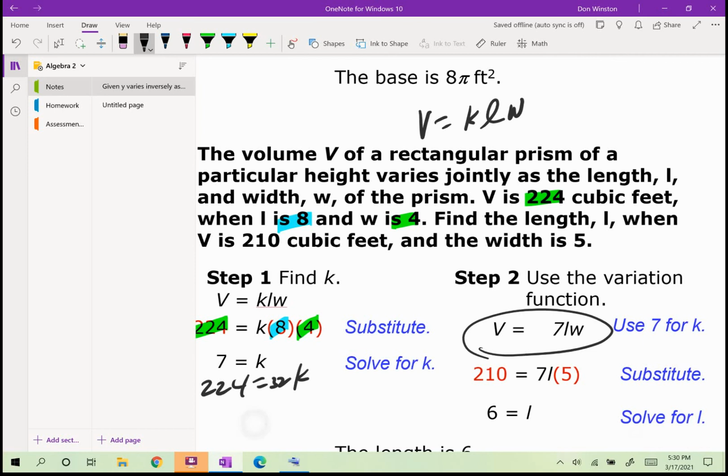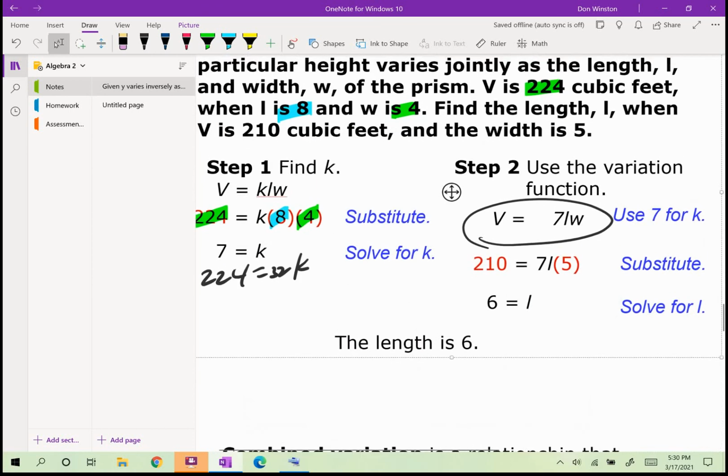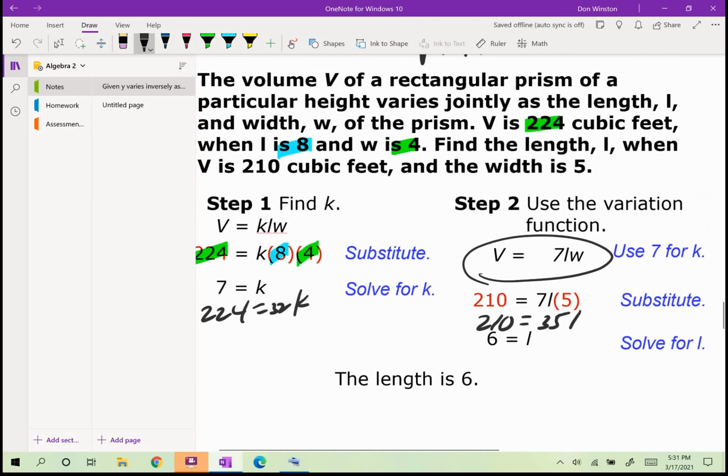Find L when V is 210 cubic feet and the width is 5. Okay, so we set volume equal to 210 cubic feet and the width is 5, and so we'll get 210 equals 35L, and dividing both sides by 35 we get 6 is equal to L. So again, with all of these, we just use the equation given.